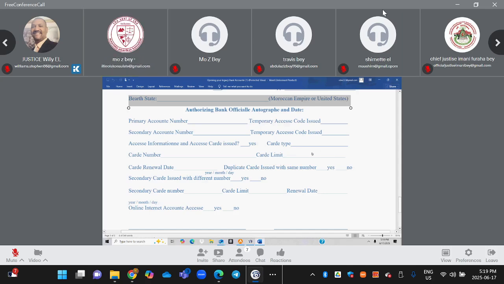Right there, card type. It's referring to the card that you already had opened the account with, right? Because I wanted to open the account to a merchant card, I put merchant card there where it said card type. I don't have the merchant card, but I put it there indicating that's the card I'm looking to open this account with.